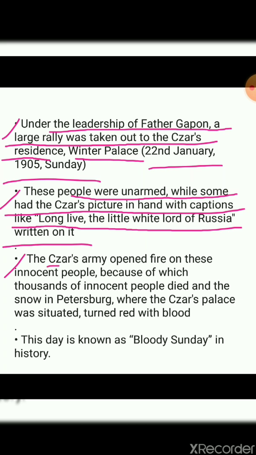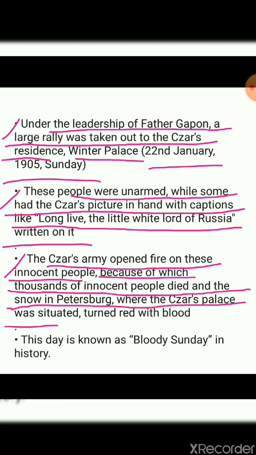Next, the Caesar's army opened fire on these innocent people, because of which thousands of innocent people died, and the snow in Petersburg, where the Caesar's palace was situated, turned red with blood.